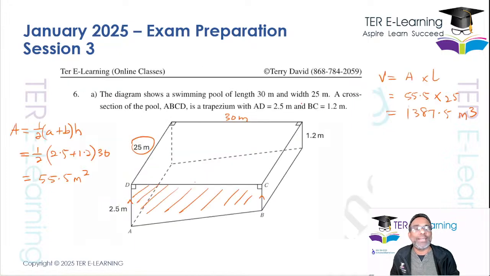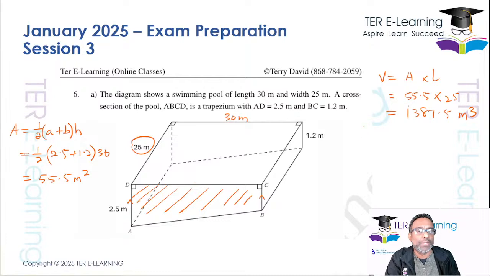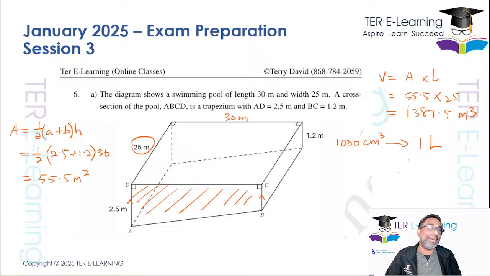Now you guys have to be able to convert from meter cube into liters. 1000 cm cube is actually equal to 1 liter.